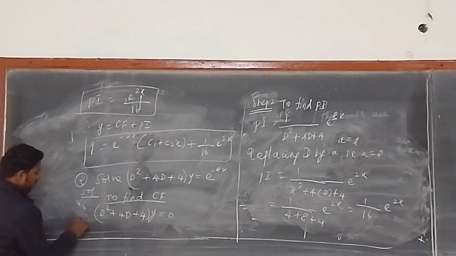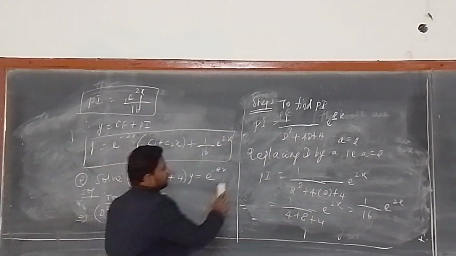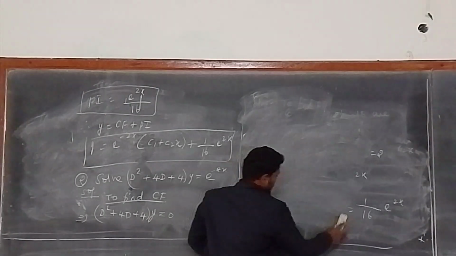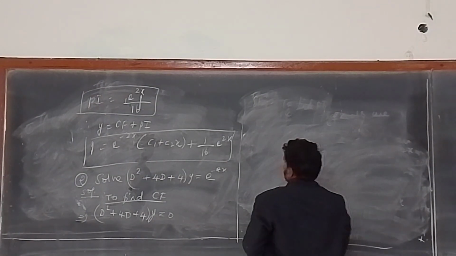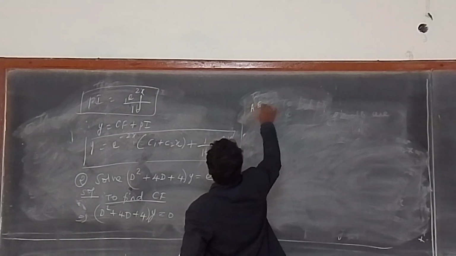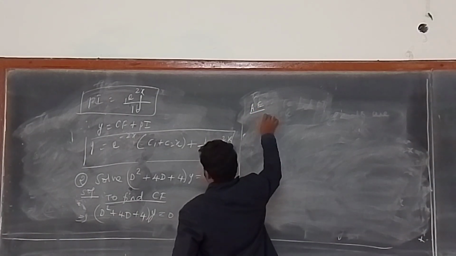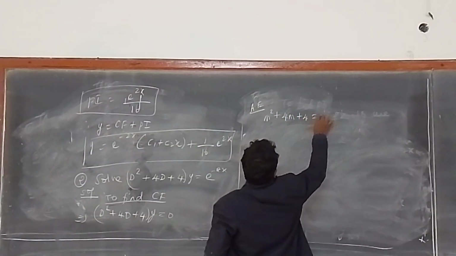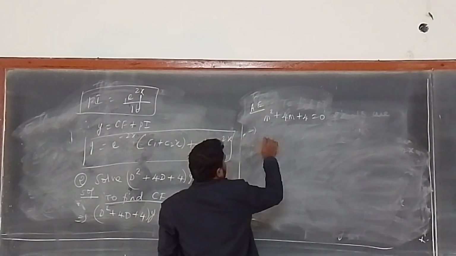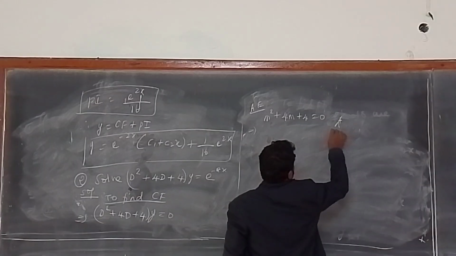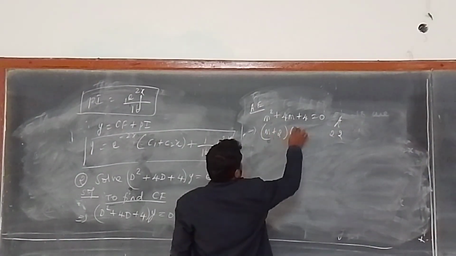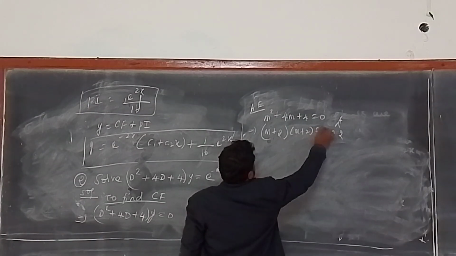So let's write the auxiliary equation: m square plus 4m plus 4 is equal to 0. To find the roots, m plus 2 into m plus 2 equal to 0.